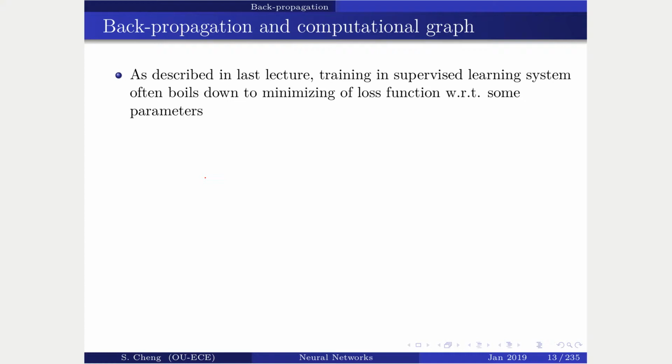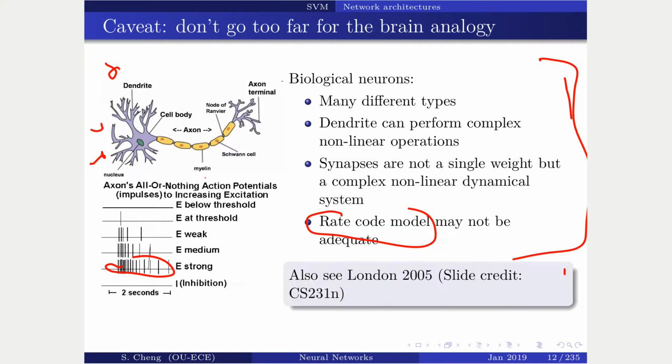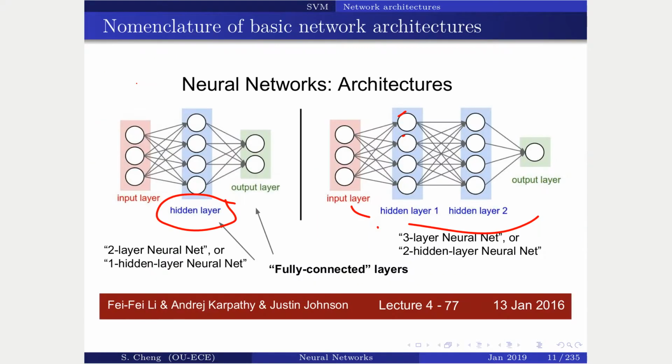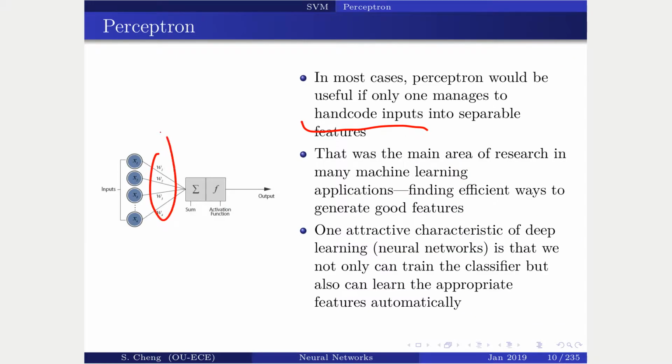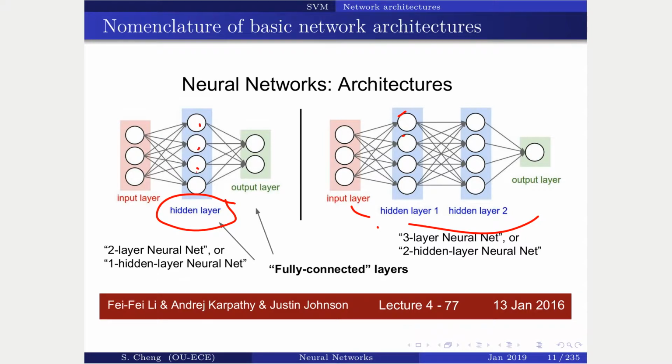So if we think of what we had last time, or even earlier, we always have some kind of loss function, right? And we try to tune the parameters. In this case, these parameters will be all the weights in the ReLUs, basically all the weights hidden in all of these ReLUs here.